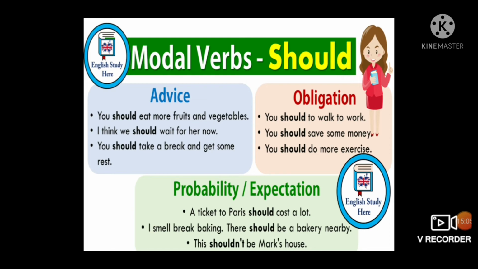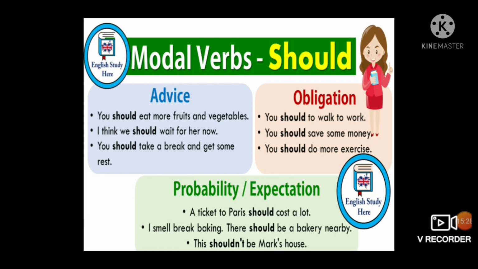Then look at the given examples. A ticket to Paris should cost a lot. It is a probability. I smell bread baking, so there should be a bakery nearby. It is also probability. This should be Mark's house.